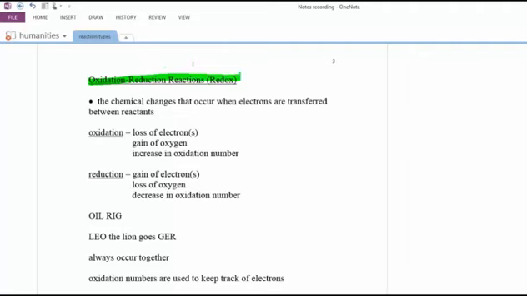Our next reaction type is oxidation reduction, which is called redox. This happens when electrons are transferred.